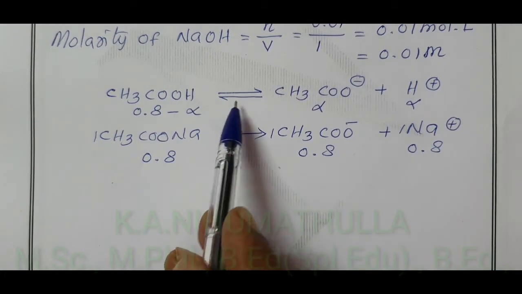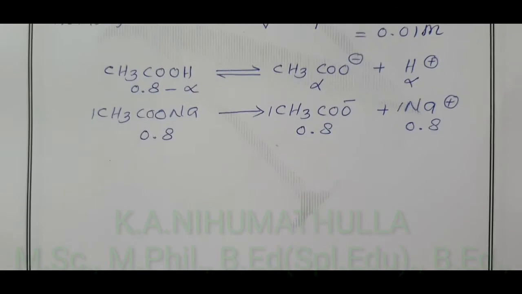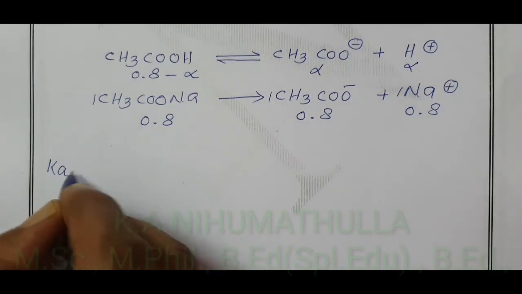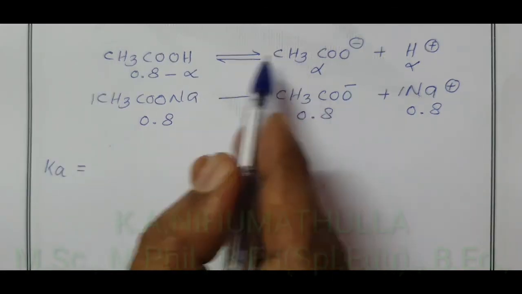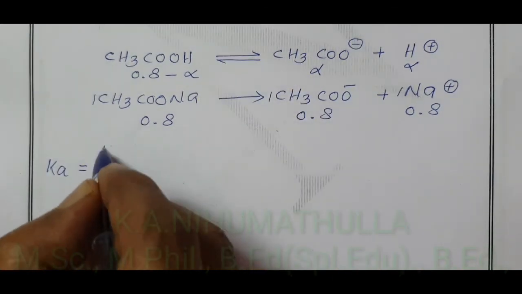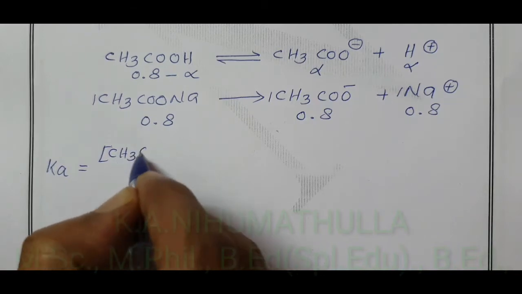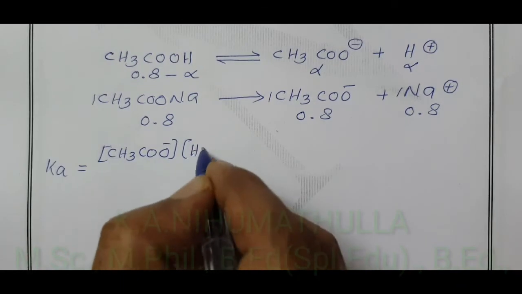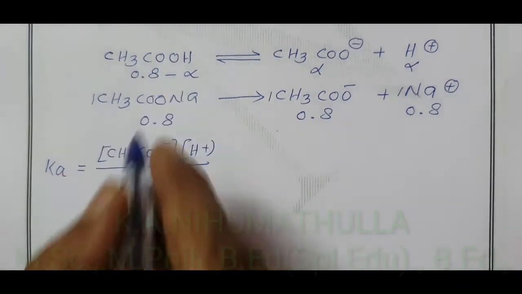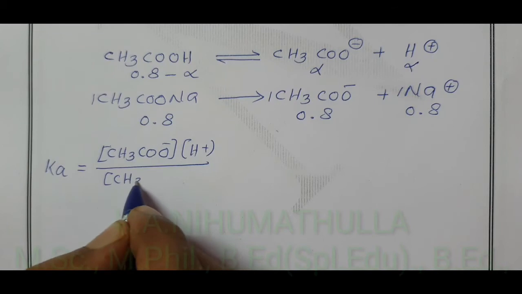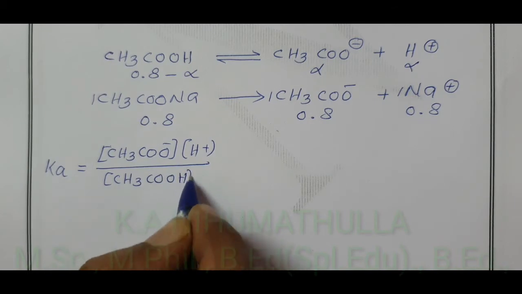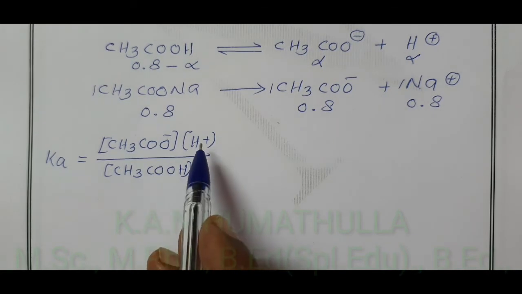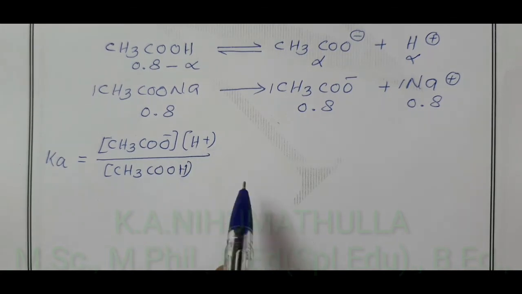For this equilibrium reaction, we can write the ionization constant of the acid Ka, or dissociation constant of the acid, is acetate ion CH3COO minus into H plus ion divided by acetic acid CH3COOH. From this, we can write the formula to calculate the H plus ion.